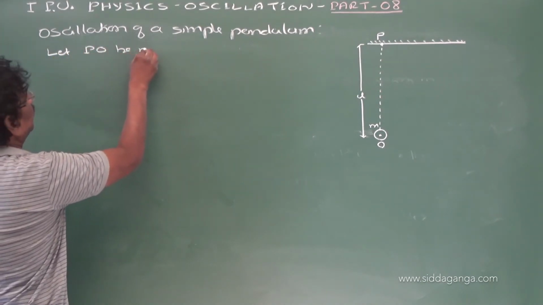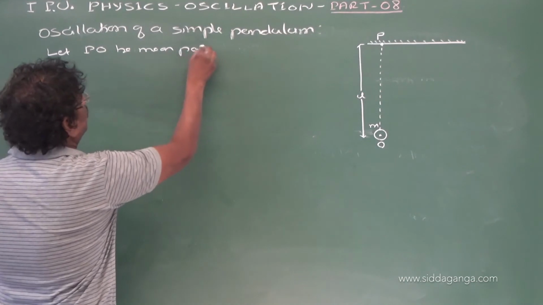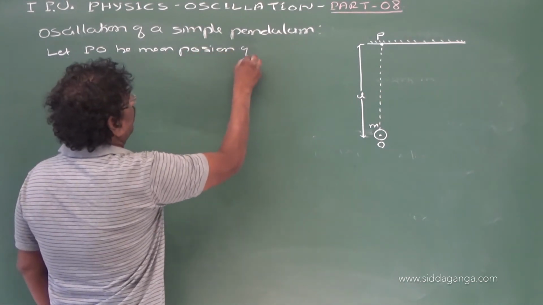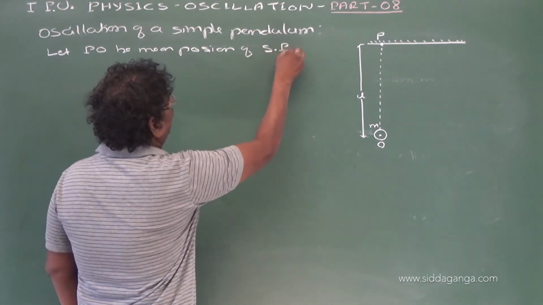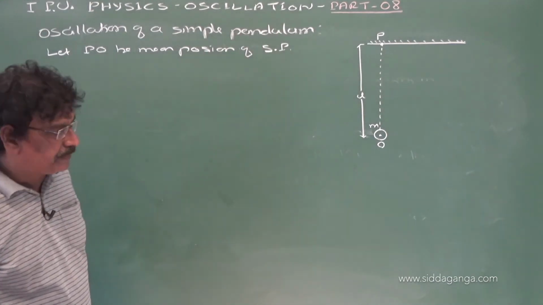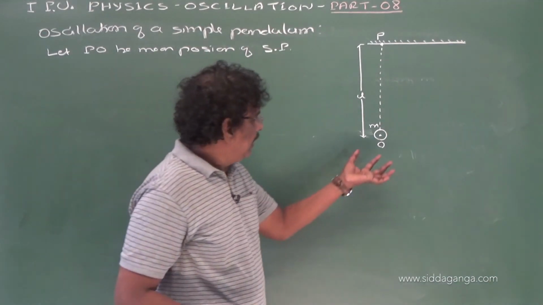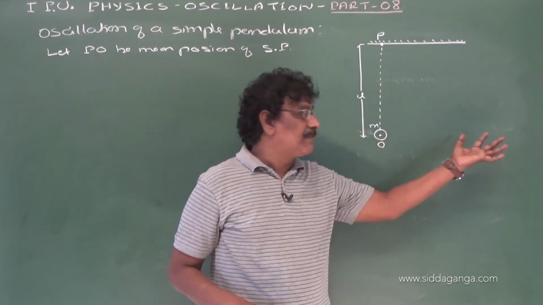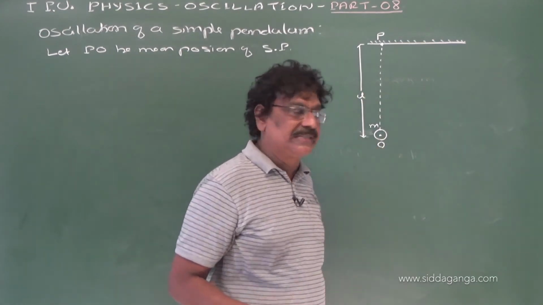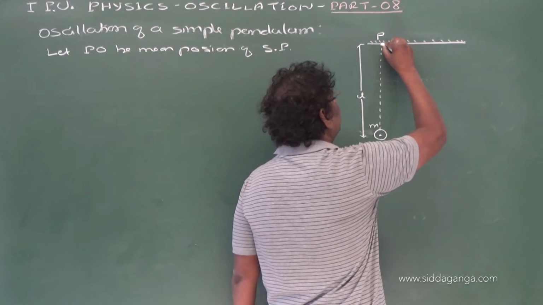Now, let PO be the mean position of a simple pendulum. It is the mean position. Now, let us displace this bob through a certain distance.